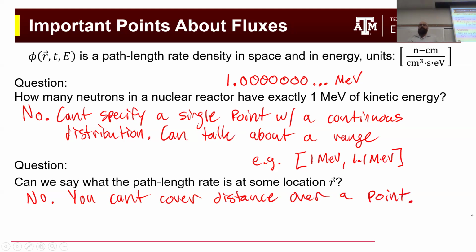So it doesn't make sense to say what's the path length rate at a particular point, but you can say what's the path length rate density at a point. That's the thing that does make sense.